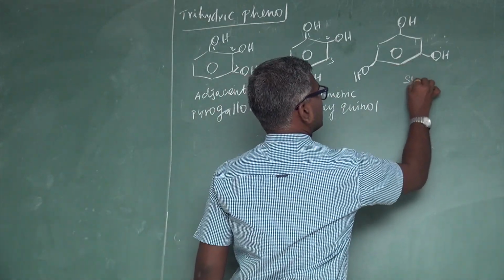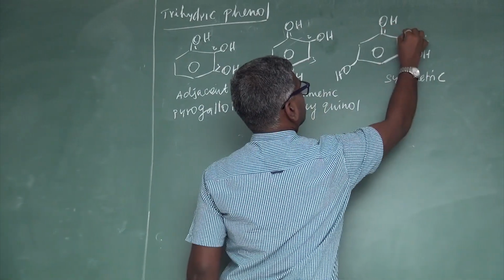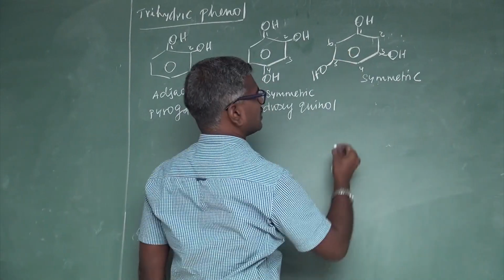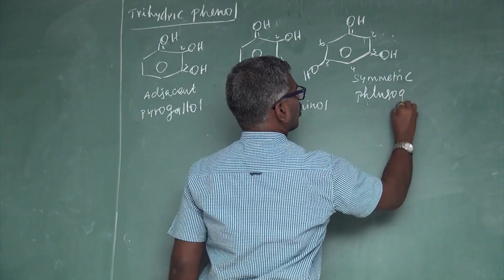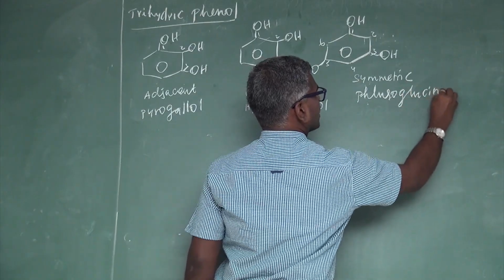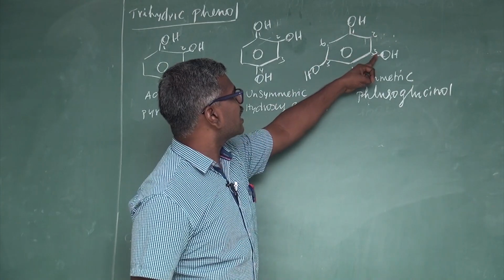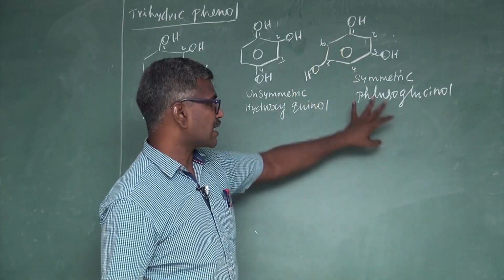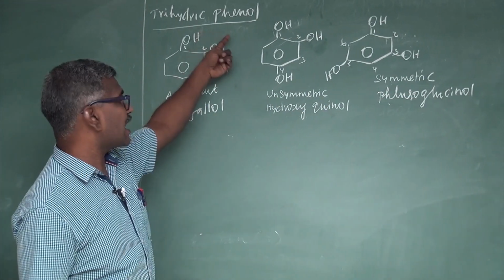This one is symmetric, 1,2,3,4,5,6. The common name is phloroglucinol. IUPAC name 1,3,5-trihydroxybenzene. These are the IUPAC names and examples for trihydric phenol.